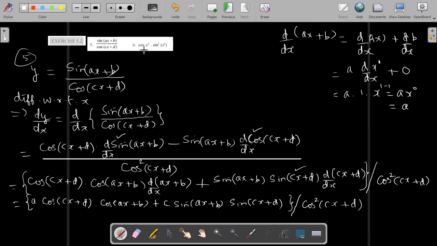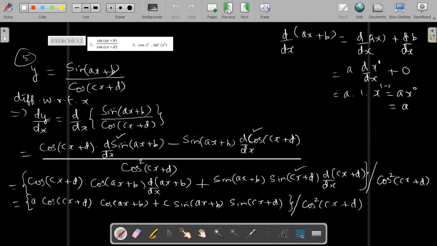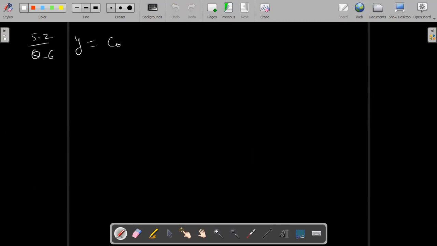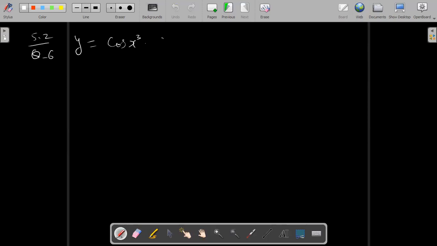Now the product rule. You have the next question. The sixth question is y is equal to cos x cube into sine square x raised to power 5.